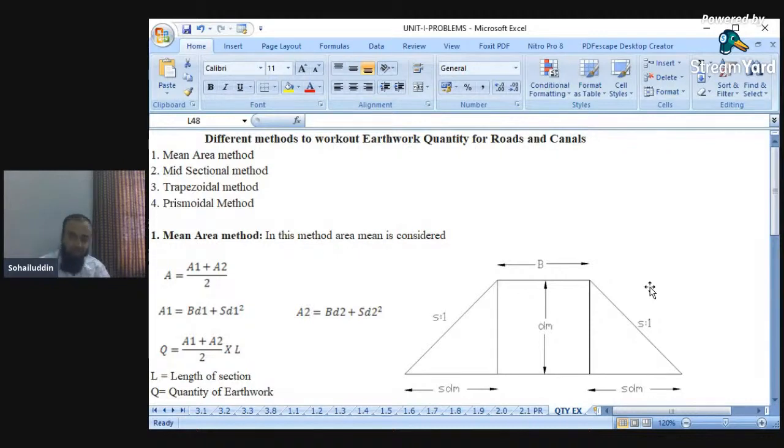If it is cutting, then the quantity is negative, that means it is in cuttings. Already you have seen this in Survey 1 and Survey 2, in contouring. While laying the roads, suppose the level of that road is 100 meters and the next level is 101, we cannot form the road in this way.